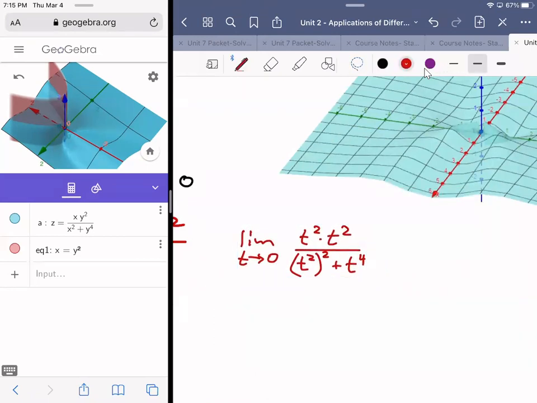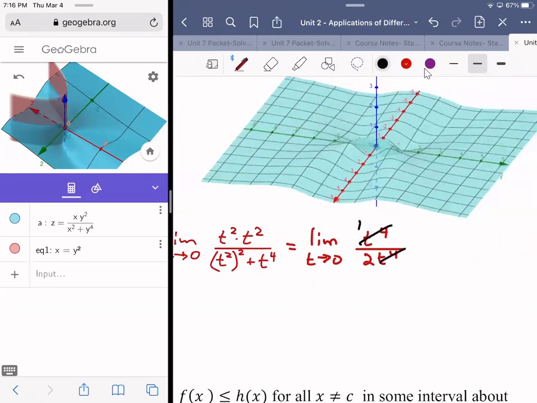And so here I'm getting the limit as t approaches 0 of t to the 4th over, well, t to the 4th plus t to the 4th is 2t to the 4th. Cancel, cancel. Limit as t approaches 0 of 1/2 is going to be 1/2.